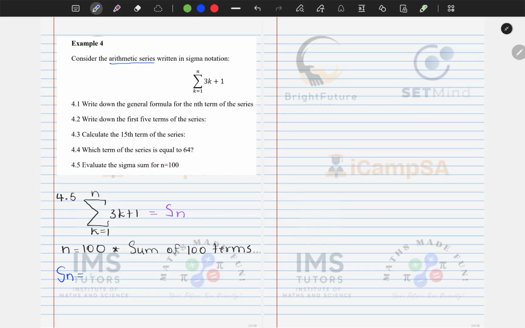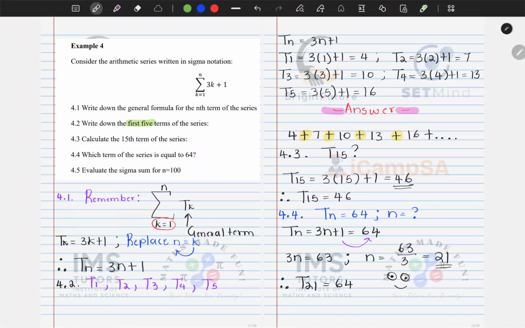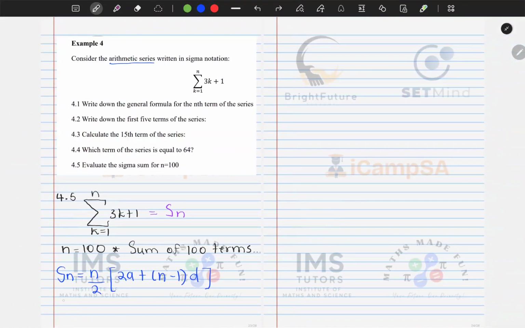So it means our Sn will just be n over 2 into 2a plus n minus 1 times d. And remember, previously we did find our a, or in fact, if we do want, we can. Our a, remember, is the first term, and the first term we found is 4. And whatever term that usually multiplies the n is our d, okay? But you can go and double check that and say 7 minus 4, you will see that you will have 3.